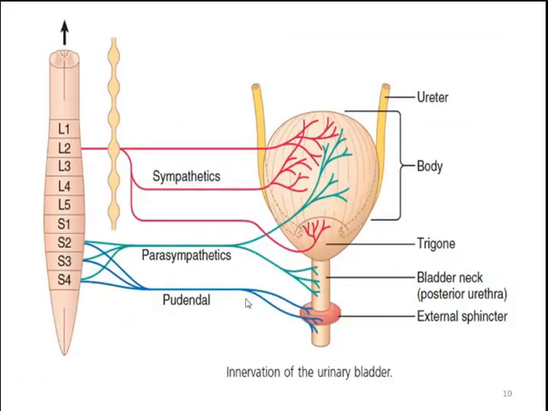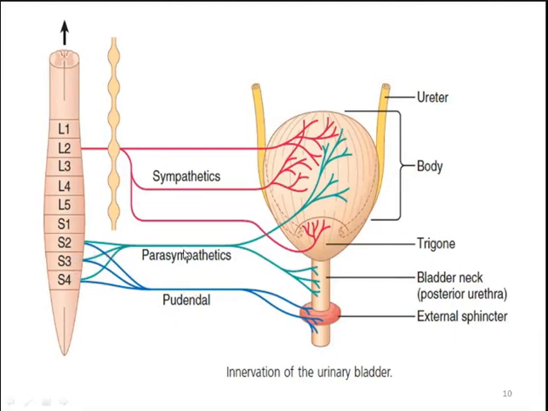So you see, this is the urinary bladder, and this is spinal cord segments 2, 3, 4. From these segments come the parasympathetic pelvic nerves, and from this same segment the pudendal nerves also come.